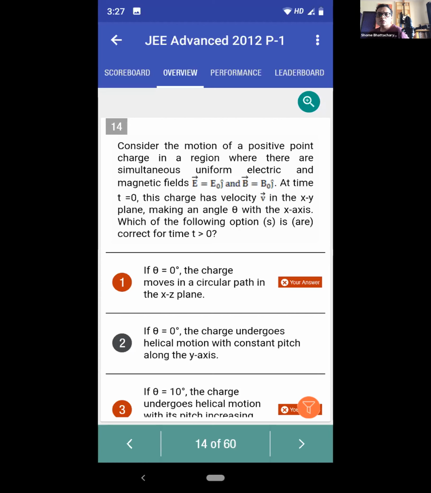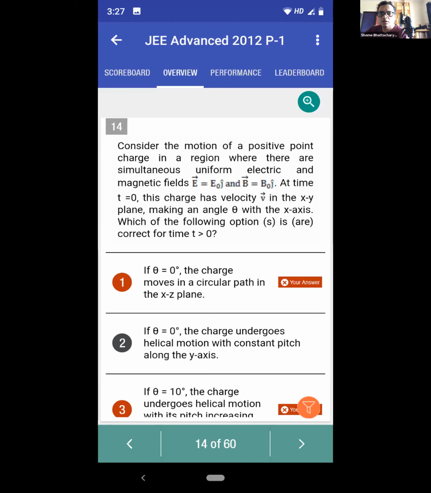Okay. So in this, we are doing question number 14, the B part. Let's go through the question. Consider the motion of a positive point charge in a region where there are simultaneous electric and magnetic fields, which are uniform.